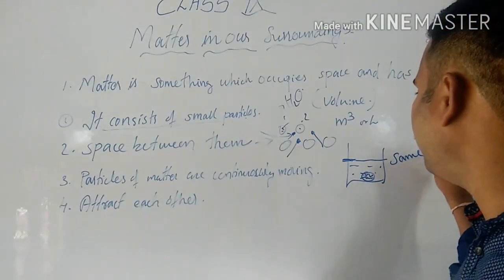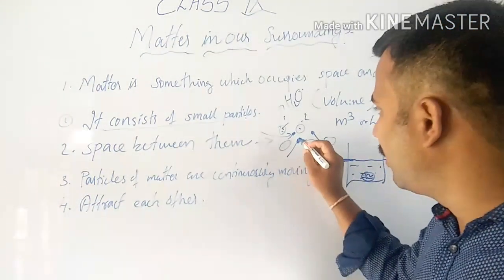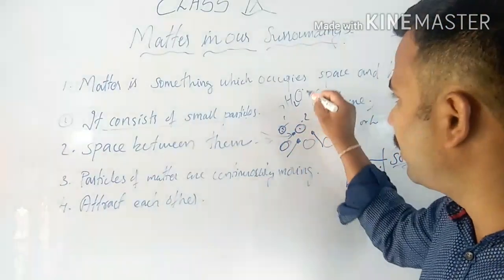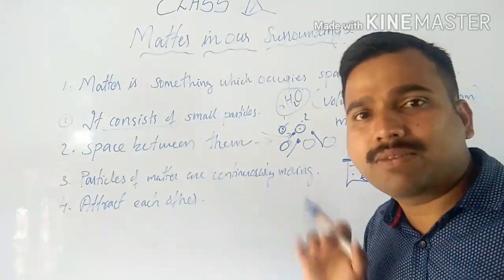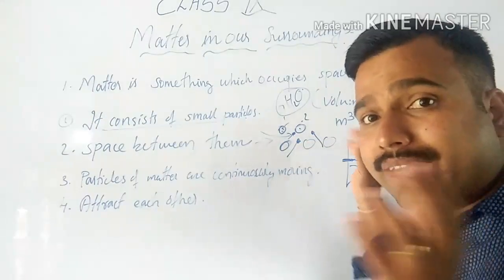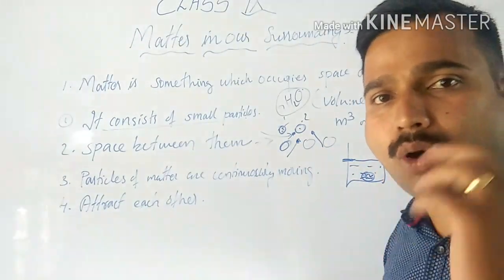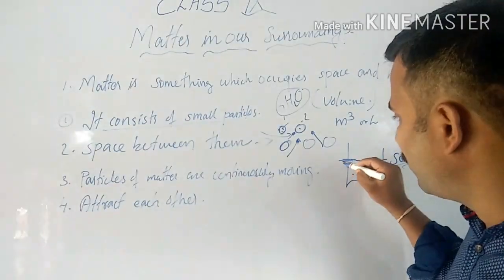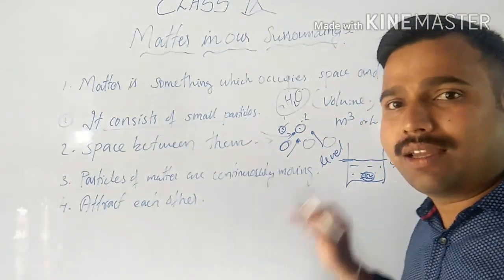The reason is that between the particles of water, there exist small empty spaces, and into those empty spaces, the small particles of sugar or salt are getting in. As a result, you won't see any rise in the level of water in this case.